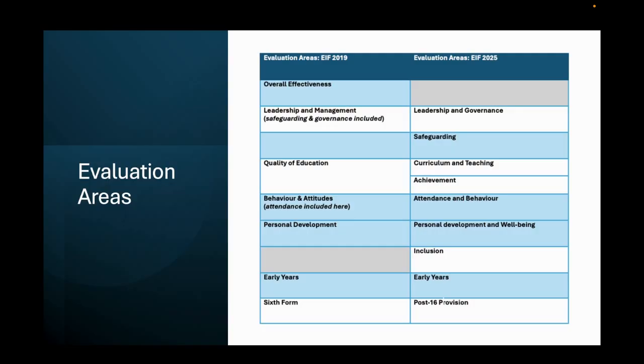In the 2019 framework, we had 4 areas of judgment, plus early years and sixth form if you had them. In the 2025 inspection, we have, I hadn't counted them, 2, 4, 6. We have 7 areas of evaluation plus early years and post-16 provision.